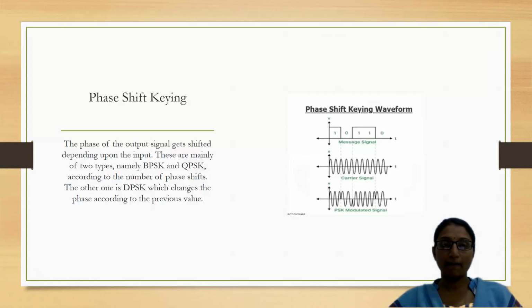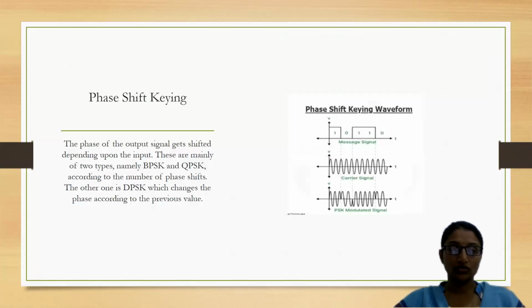This is about binary phase shift keying. In binary phase shift keying, you take two symbols, 1 and 0, where you can observe only two phase states; when the bit varies from 0 to 1 or 1 to 0, you can observe a shift of 180 degrees.